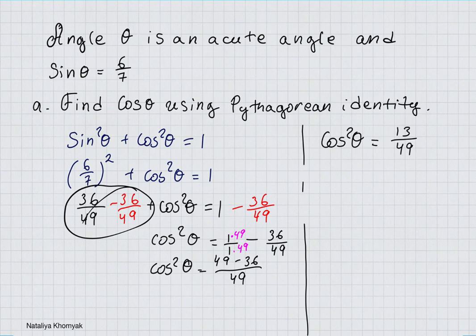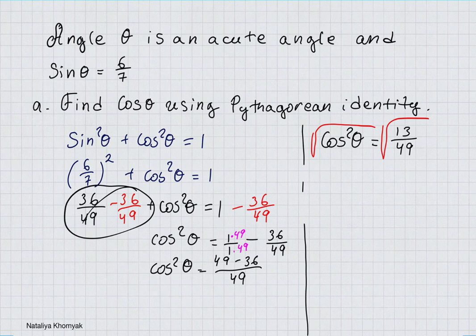Cosine squared theta is equal to 13 out of 49, but for cosine, we need to do an inverse of the squaring, which would be a radical. Whatever you do to one side, you have to do the same thing to the other side. So square root on both sides.